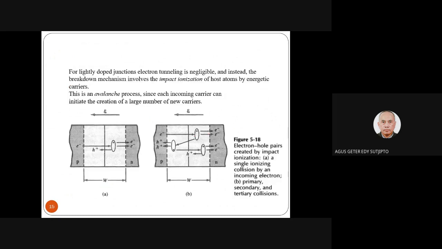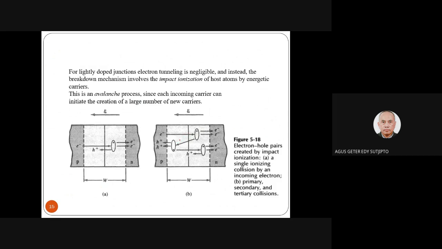Okay, and then in the avalanche process, there is further ionization of the material, whether at the P or N semiconductor. The ionization or the promotion of the electron from the valence band can happen on both sides.